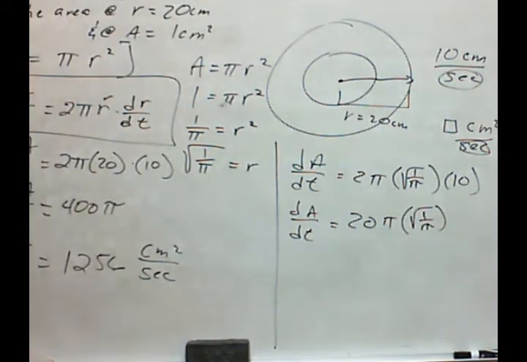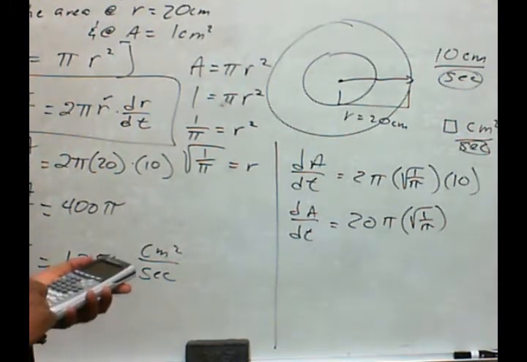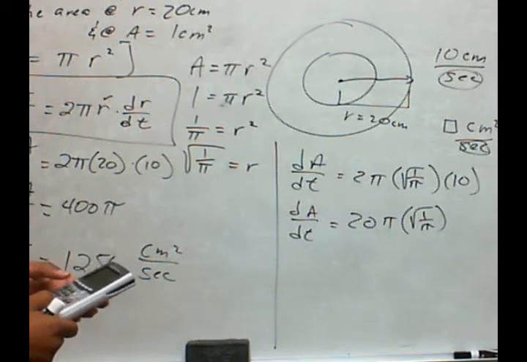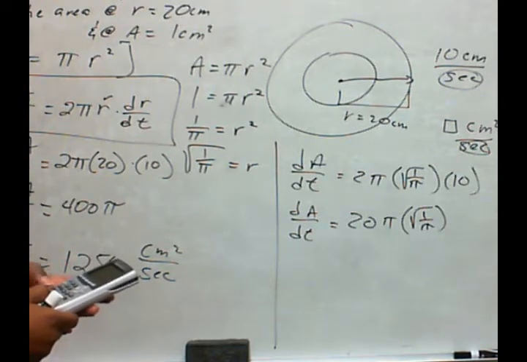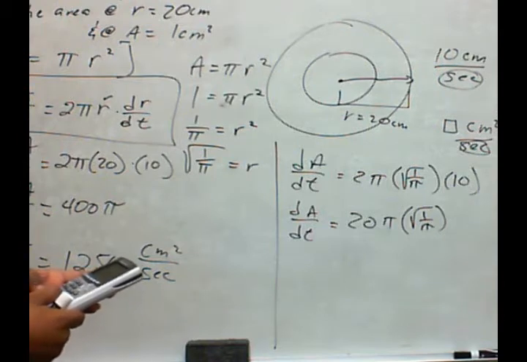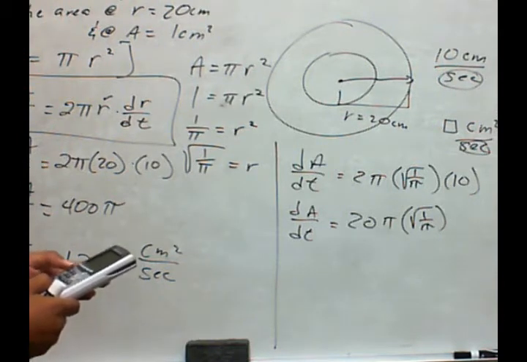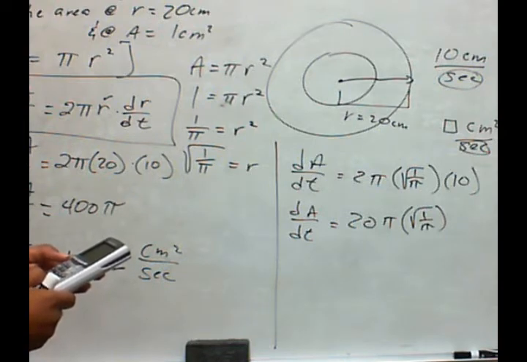Okay, let's put all that into the calculator and see what we get. 20 pi times 1 divided by the square root of pi. Let's see, there's my pi. Here we go.